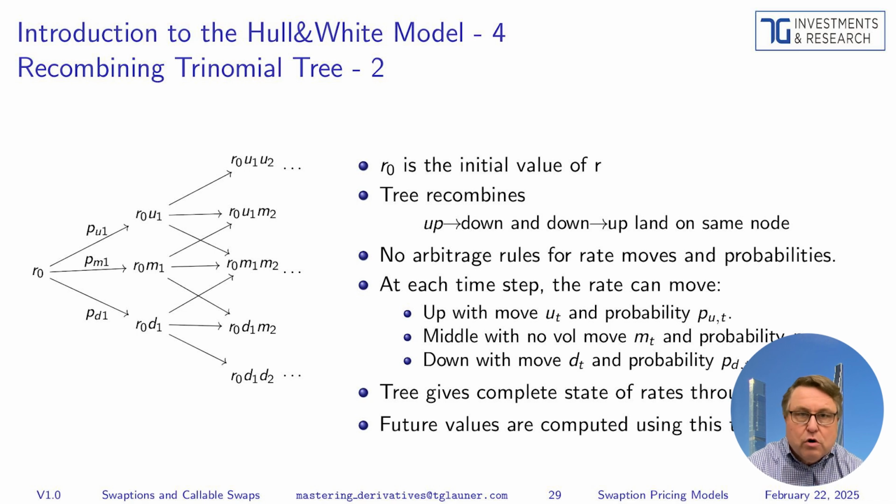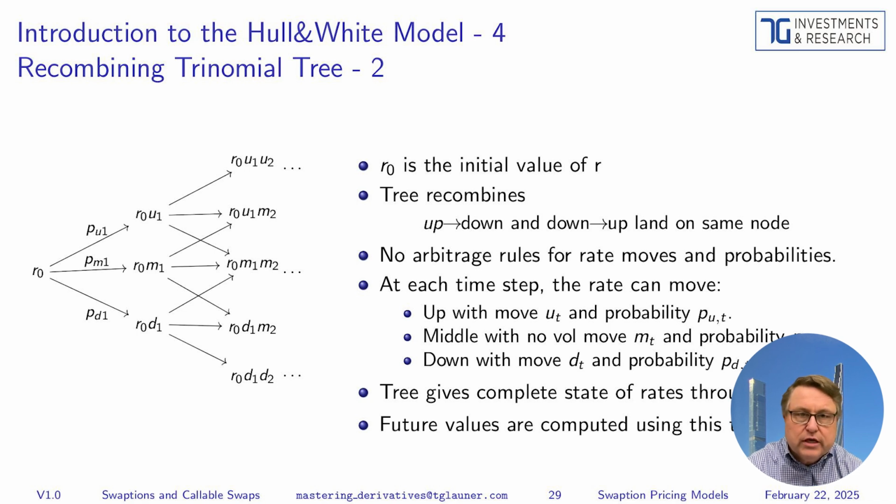To ensure no arbitrage, the model enforces specific rules for rate movements and their associated probabilities. At each time step, the short rate can transition to one of three possible states: an upward movement U with probability PU, a middle movement M where volatility has no effect with probability PM, and a downward movement D with probability PD.